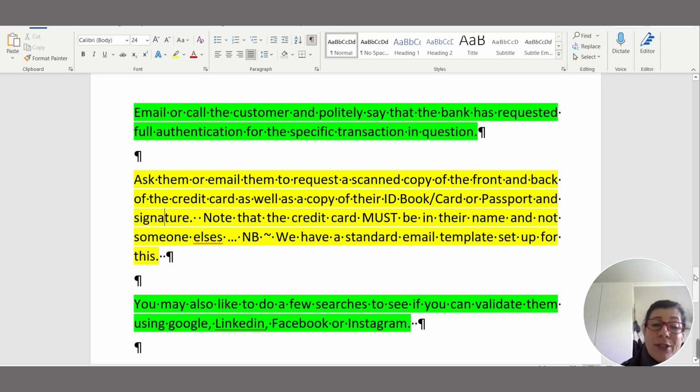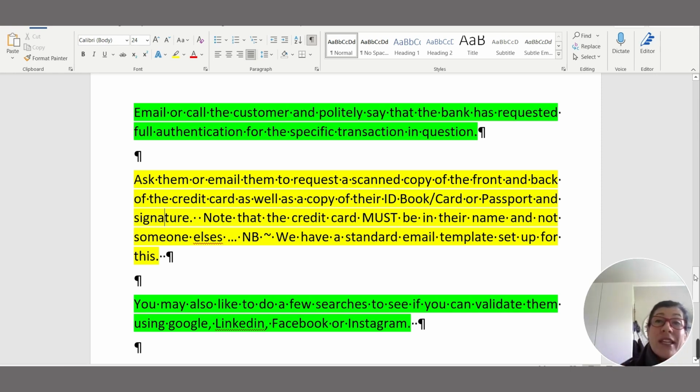You may also like to do a few searches to see if you can validate them using Google, LinkedIn, Facebook, or Instagram. You can do that with names and surnames as well as email addresses. It's normal that over 80% of us statistically are stalking each other online before we are doing business with each other. So everybody is doing this already.